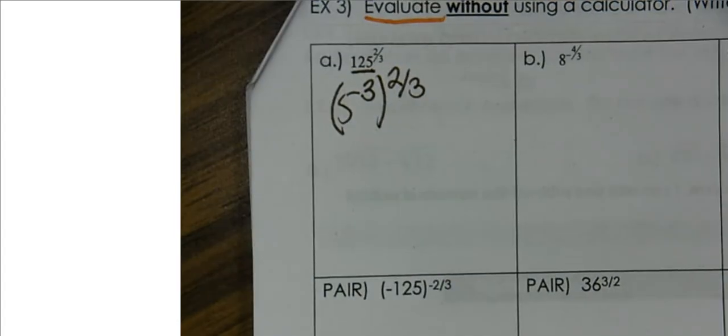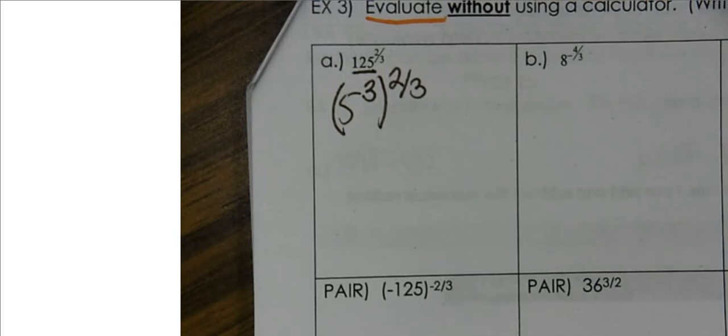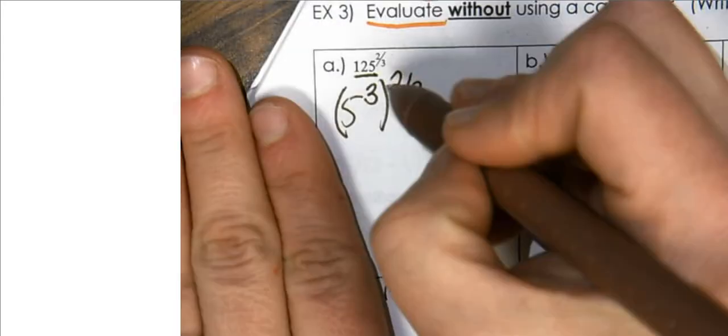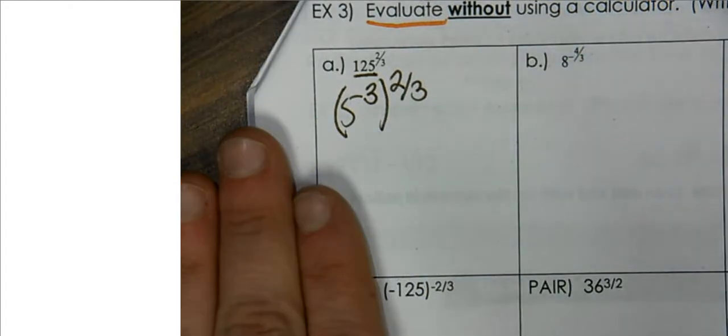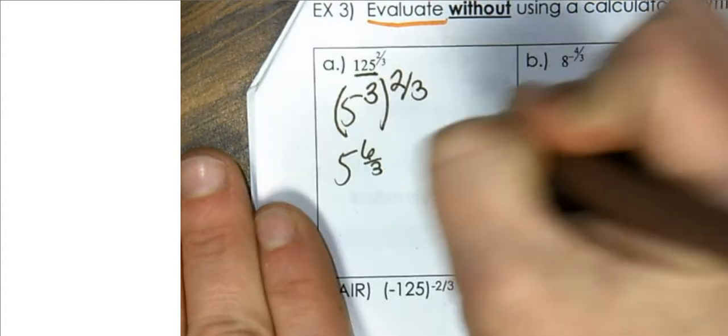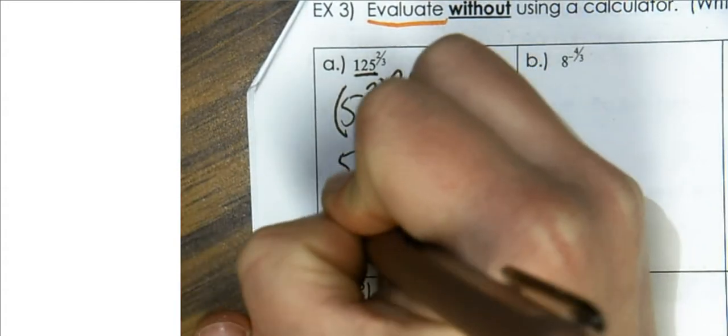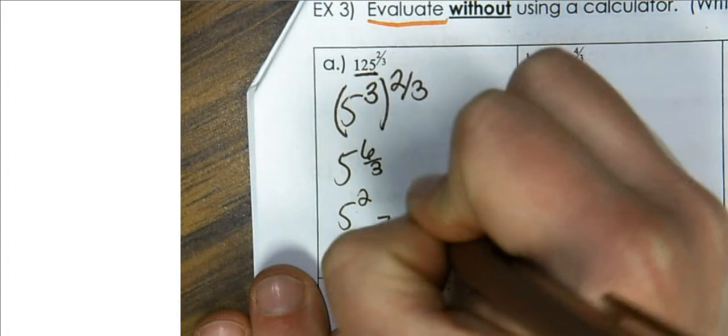I just changed the base so that it is something that I can work with. Now I'm going to work with the properties of exponents, which say that when you raise a power to a power, you multiply those exponents. So this is really 5 to the 6/3 power, which is really 5 squared, and 5 squared is 25.